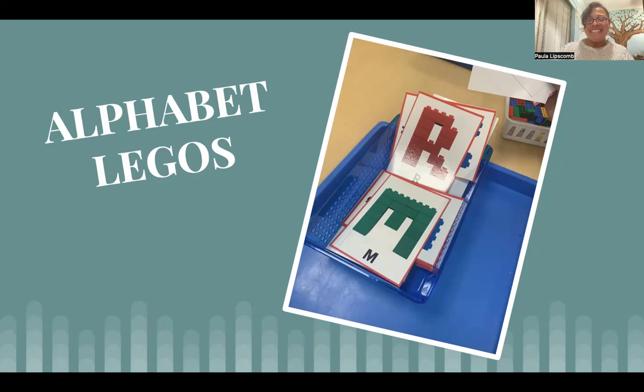We have different Legos, different sizes, and cards that show how the letters of the alphabet can be built, to shape the letter M, the letter R, all the letters of the alphabet. And let me tell you, the students have so much fun because they're building Legos.